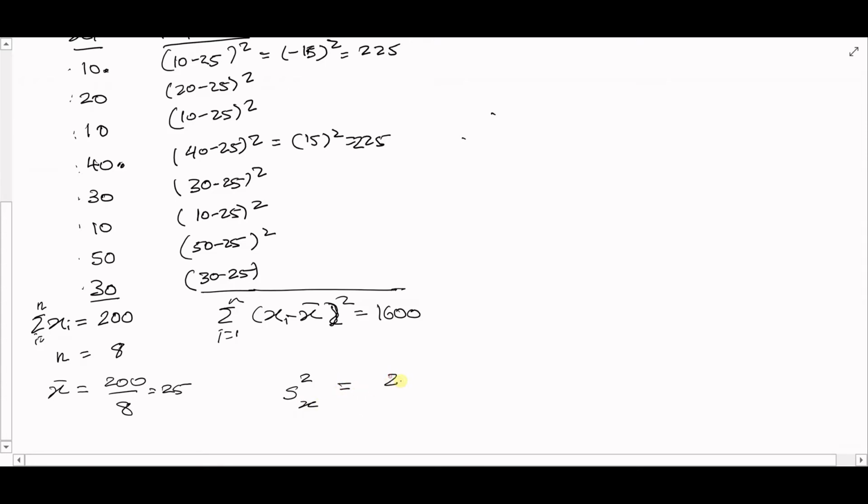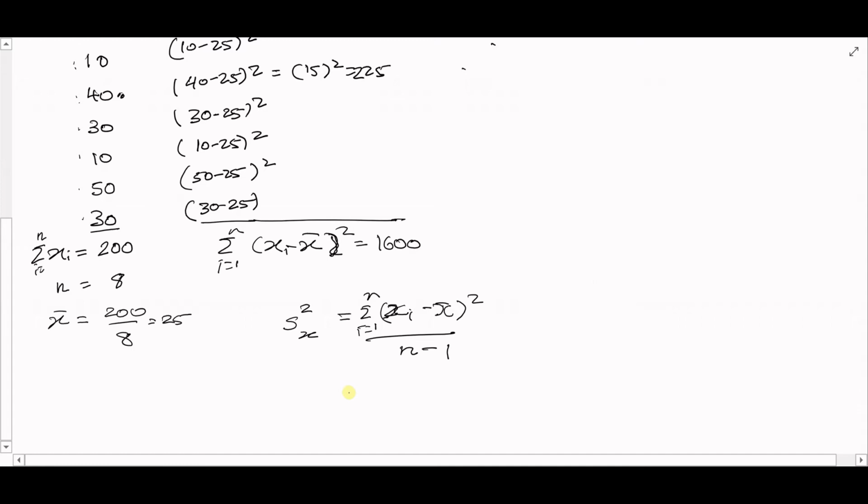It is the sum of all the xi minus x bar squared across all observations, divided by the total number of observations minus 1. So here the numerator is 1600, and you have 8 observations minus 1. That will give you 228.571. That is your variance.